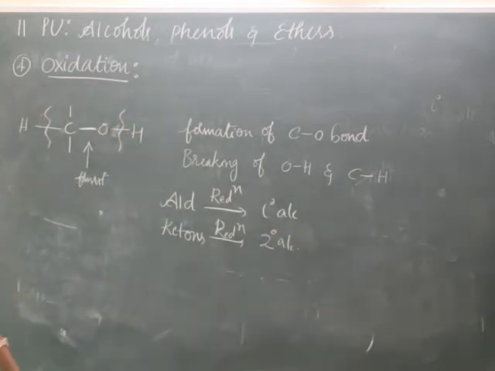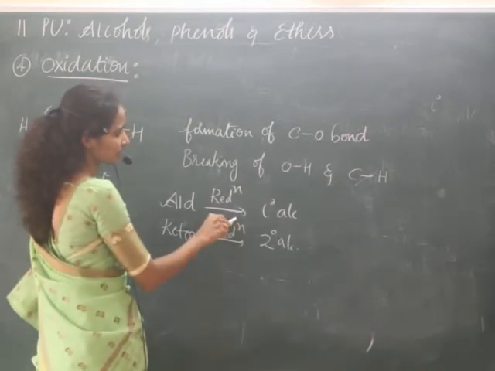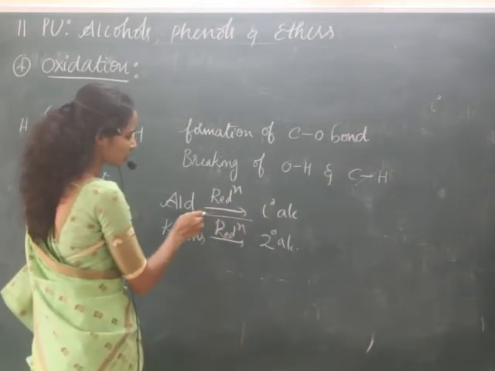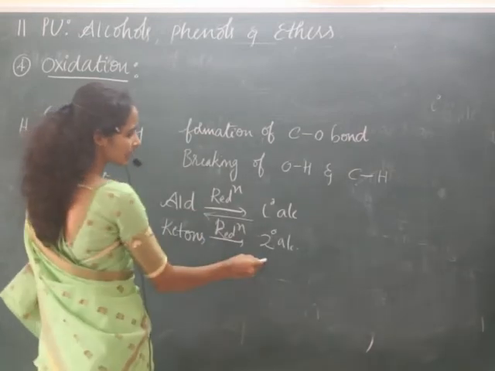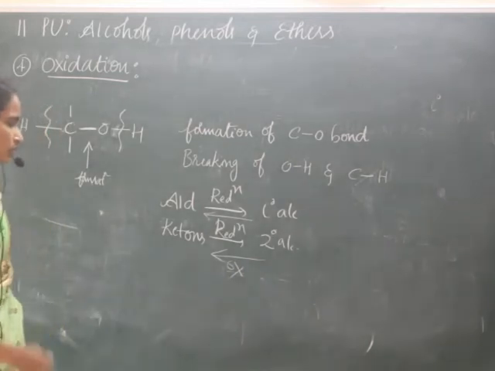This you already know. Now, what about oxidation? Primary alcohol on oxidation gives aldehyde. Secondary alcohol on oxidation gives ketones. So, I can easily predict the formation of a product.